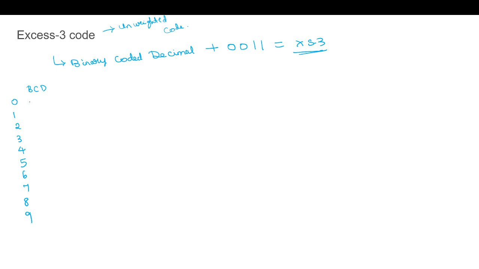And the corresponding BCD values will be all zeros, 0001, 0010, 0011, 0100, 0101, 0110. So these will be the BCD values, and the corresponding XS3 value will be obtained by adding 3 to this.